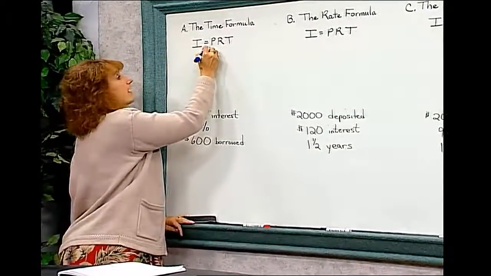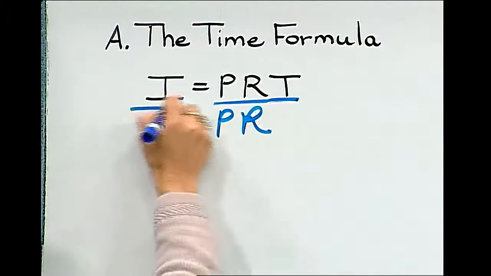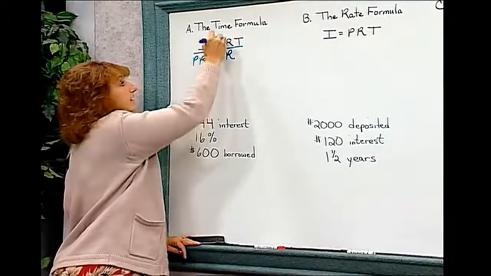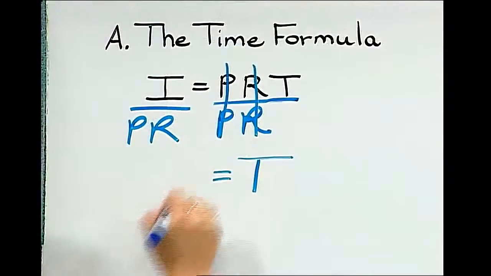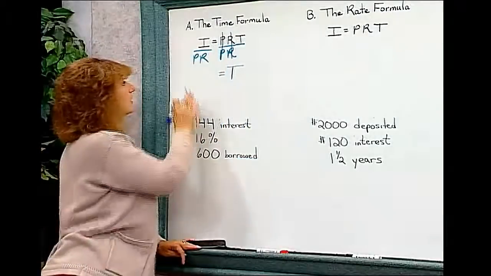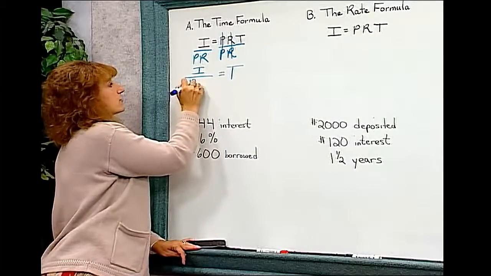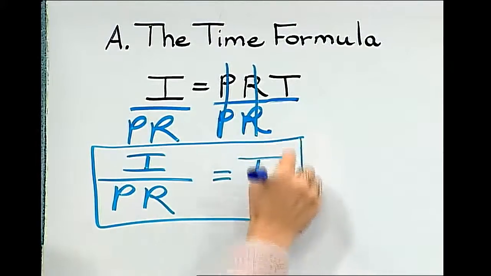In order to do that, I'm going to divide both sides of the equation by the principal and the rate. When I do that, the principal and the rate drop out, isolating that t by itself, and that's what we want. So we now have a formula for time: interest divided by principal times rate.